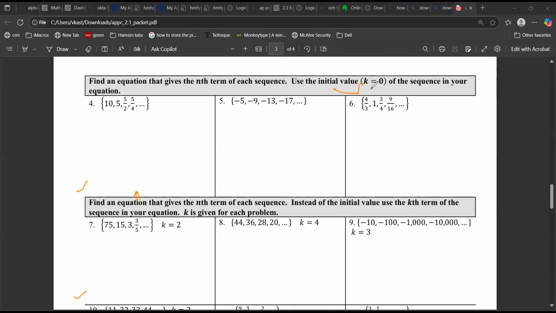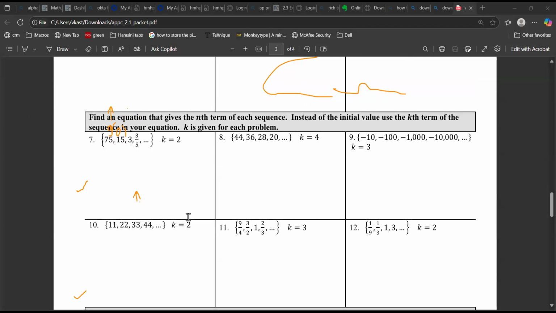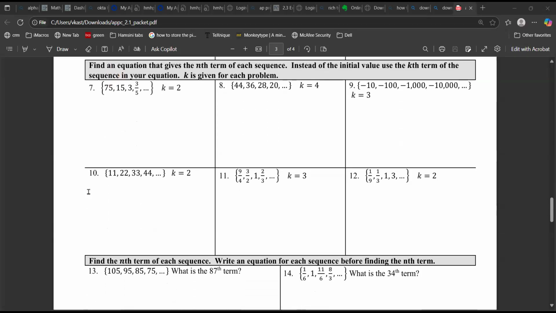Here, use the initial value k equal to 0 of the sequence in your equation, if they have not given that the initial value is 0. Here, clearly they have given that this is the 0th term of the sequence. Sahil, I'm sorry, you were right in the other problem that we did. If they have given that, use the 0th term as your initial value, let's go ahead and use it.